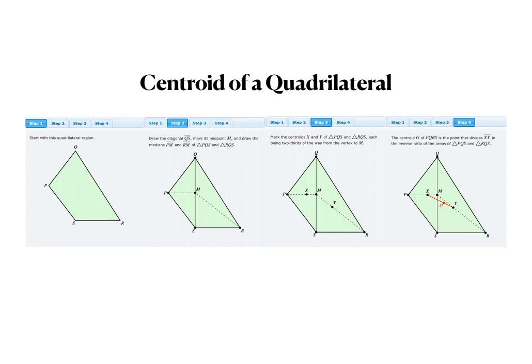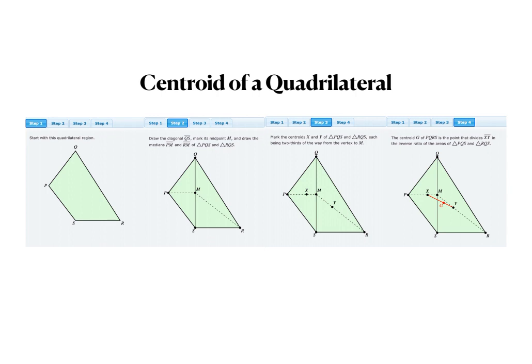So in our book, it says the centroid G of quadrilateral PQRS is the point that divides XY in the inverse ratio of the areas of triangle PQS and RQS.